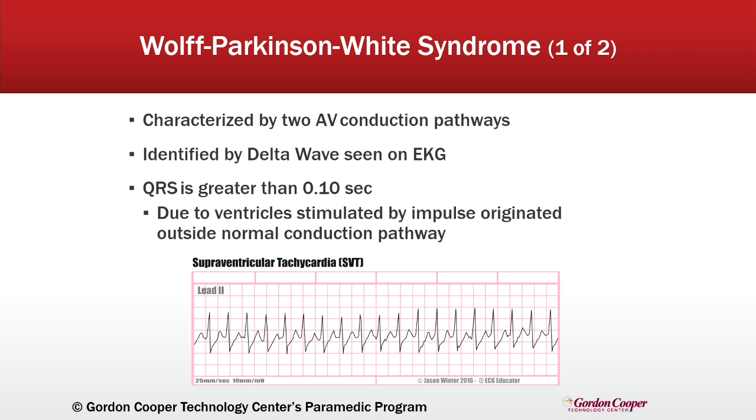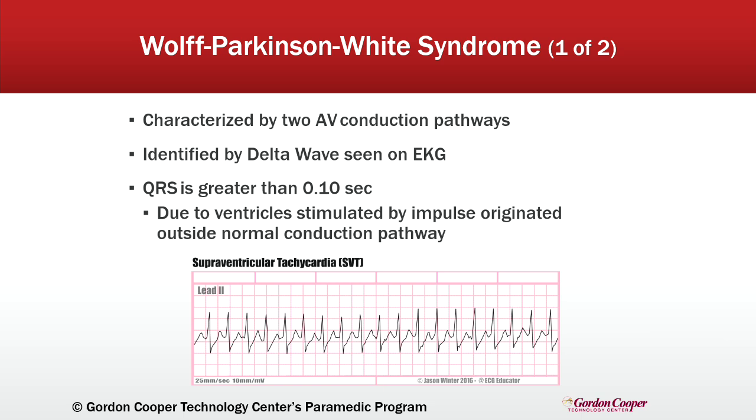Now on the EKG, the most distinctive feature that we'll see of WPW is the delta wave. What that is, is a slurred upstroke on the QRS complex. That represents the time the impulse takes to travel down that extra pathway before being conducted through the normal bundle branches. So this causes pre-excitation of the ventricles.